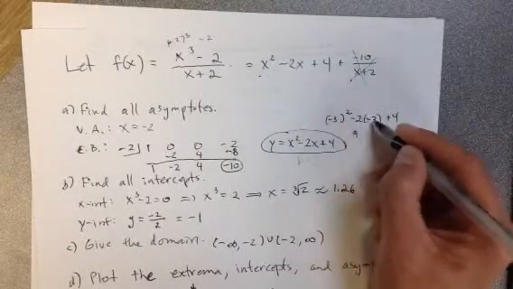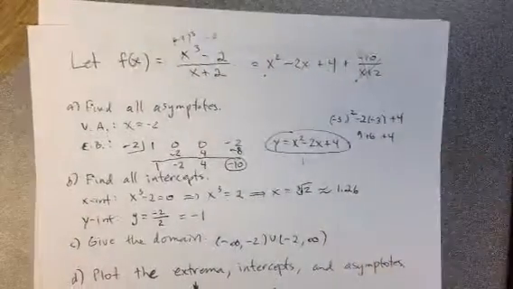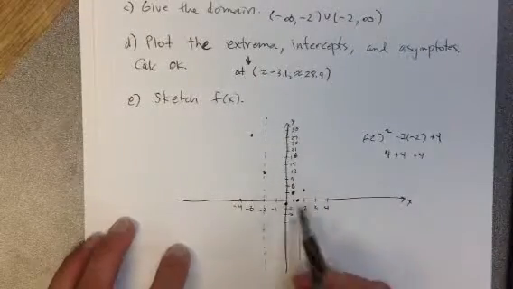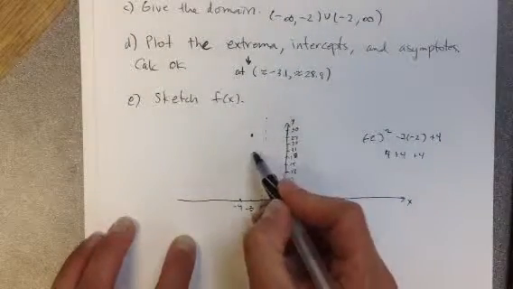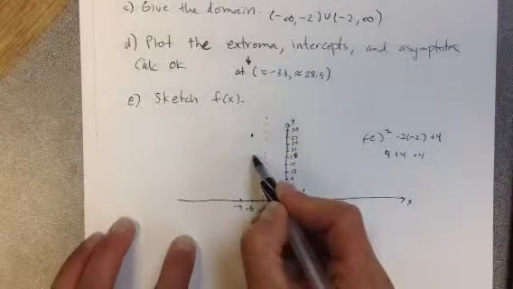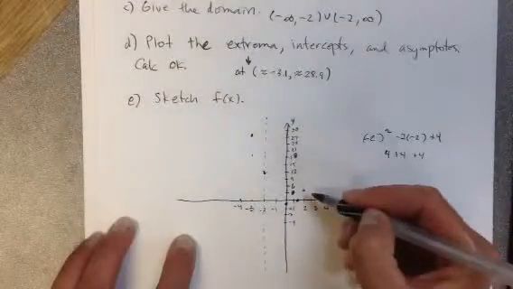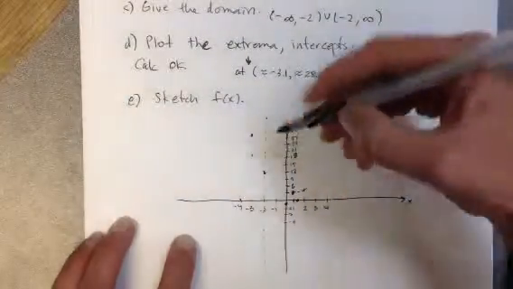So that's 9 plus 6 plus 4. So 15 plus 4 is going to be 19. So for my end behavior asymptote, when x is -3, the y value is 19. So it's right around there. All right, so we plot this.